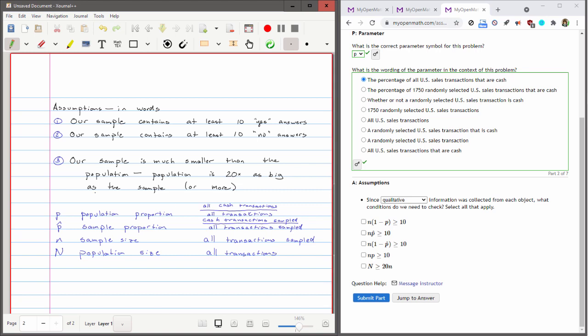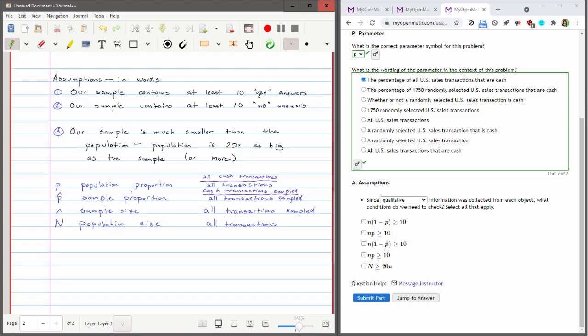Okay, so how do we put our assumptions in terms of these symbols? Well, by putting n and p hat together, we can get expressions for the number of yes answers and the number of no answers. p hat is the number of yes answers divided by the sample size.